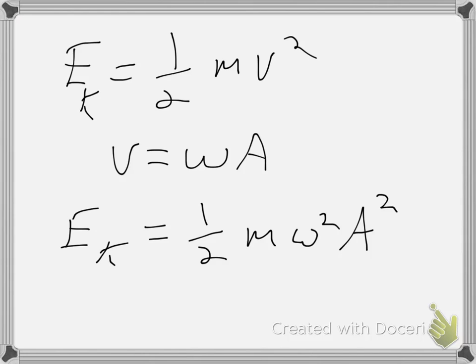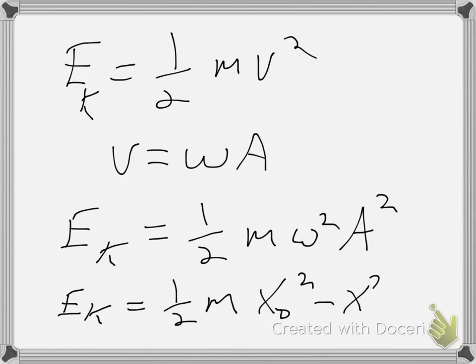I think so. And that actually could equal its total energy, couldn't it, if you're at A? But what if you weren't at A? Then E K equals 1/2 m omega squared times A squared minus x squared, and that would give you the kinetic energy somewhere in there.